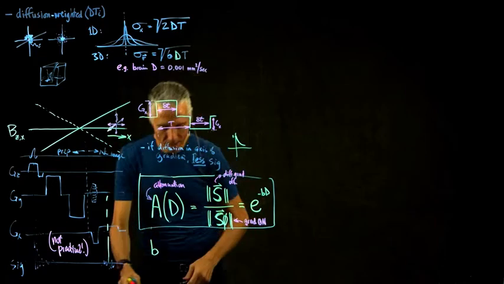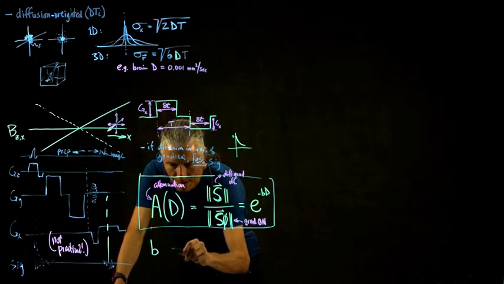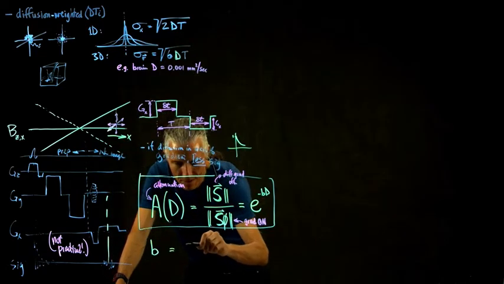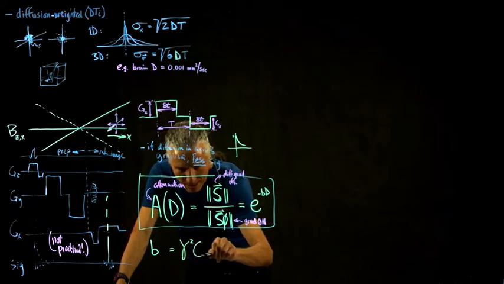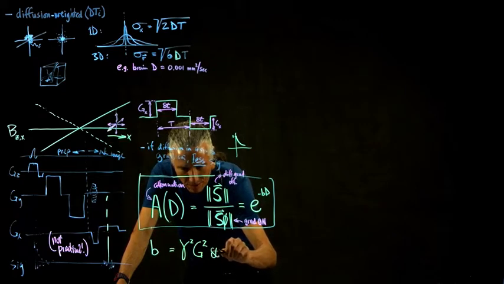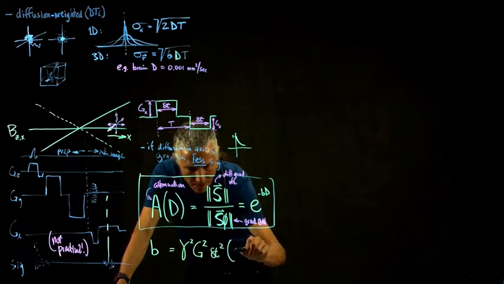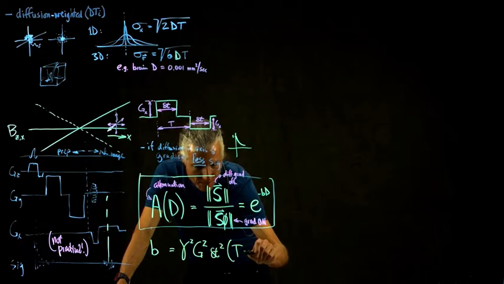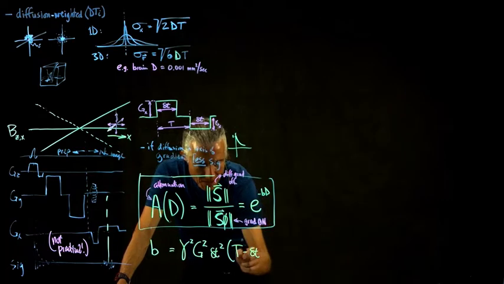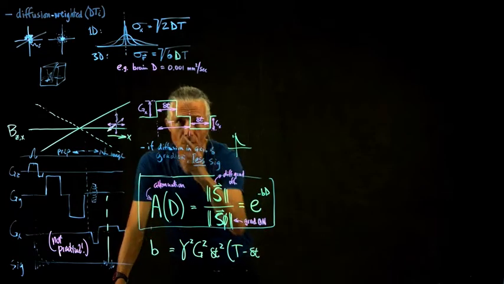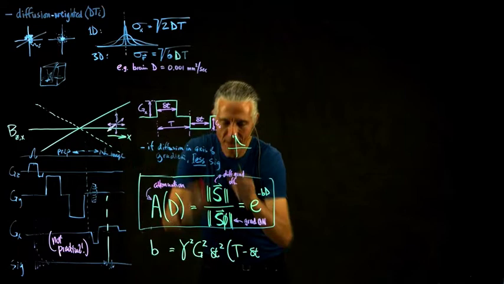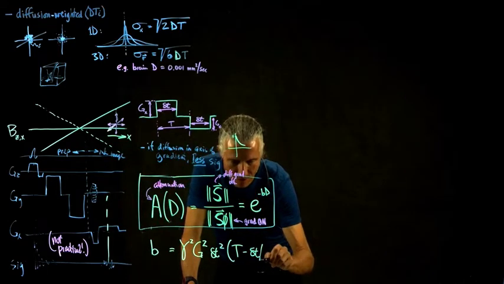So all those things are in there, and the equation for B is the gyromagnetic ratio times the gradient squared, times how long the gradient was on squared, times the time that the gradient was on minus the time between the two lobes of the gradient minus the time each gradient was on divided by 3.